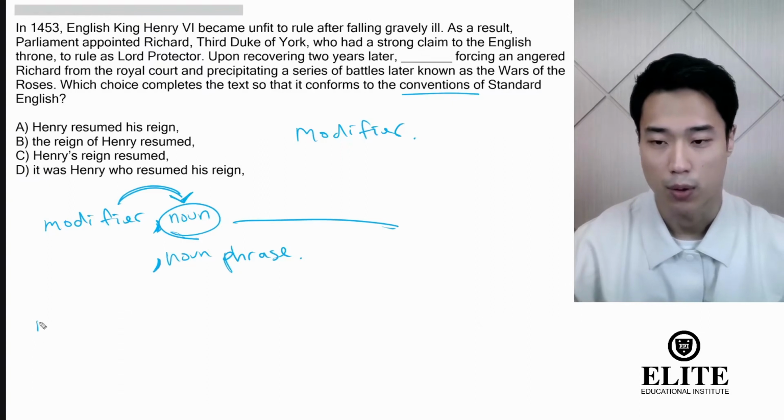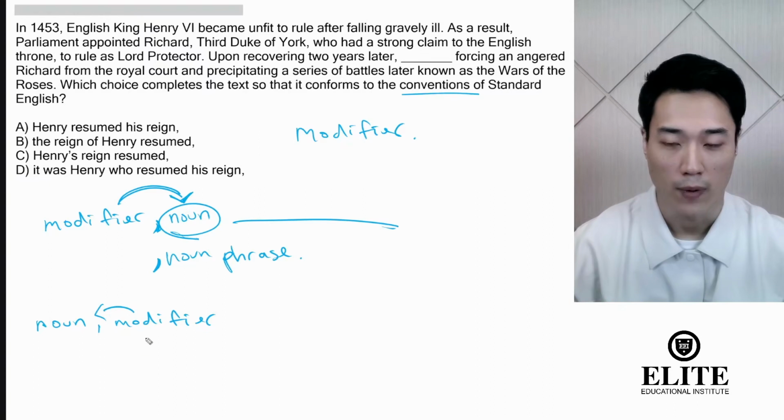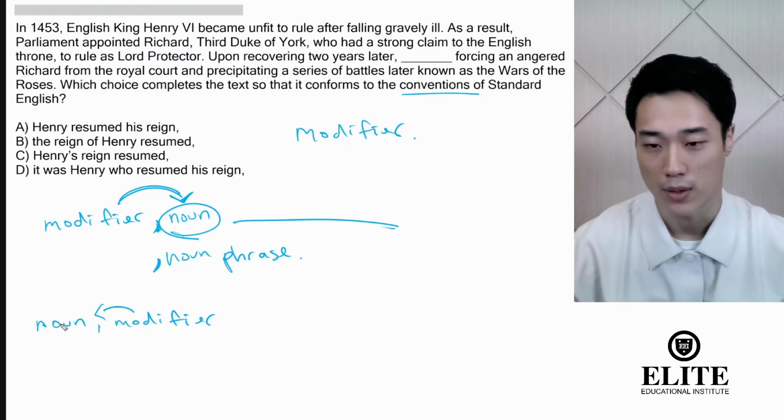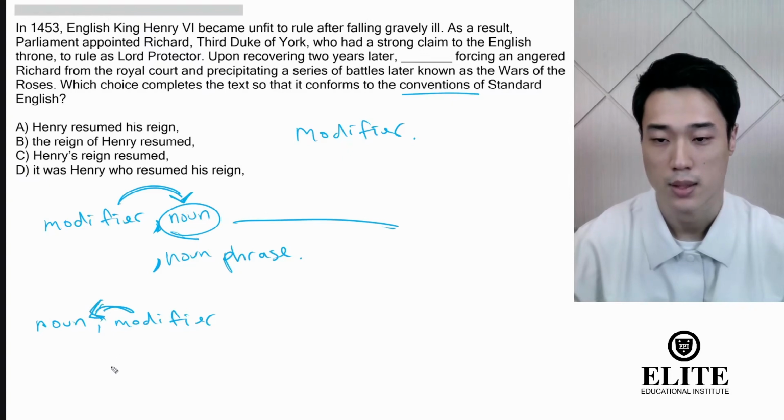You can switch the order of this without a problem, but the same conventions adhere. If the modifier immediately follows the noun, the modifier has to be talking about this specific object or noun phrase.